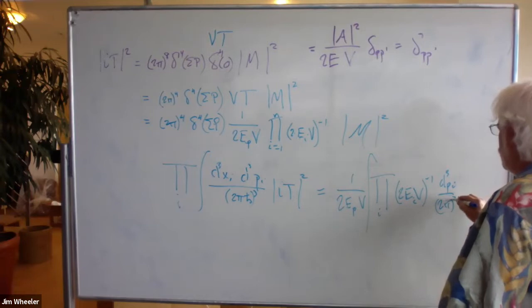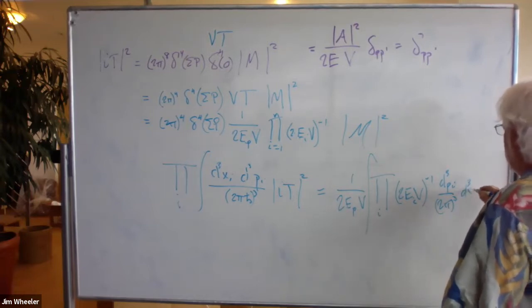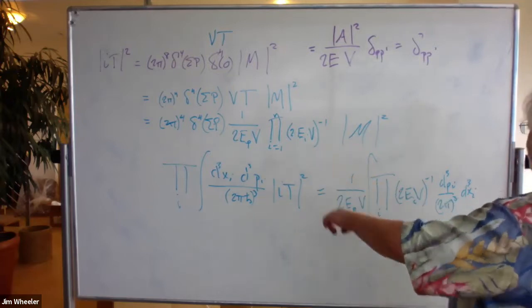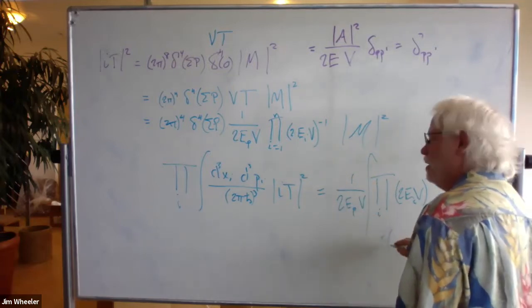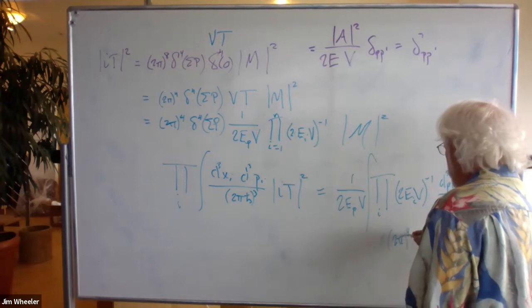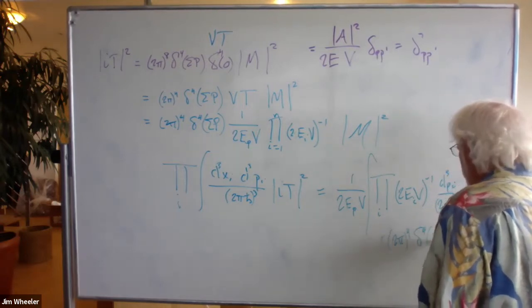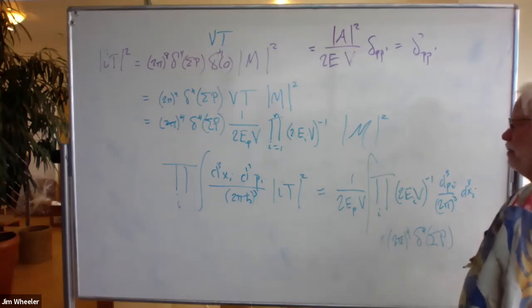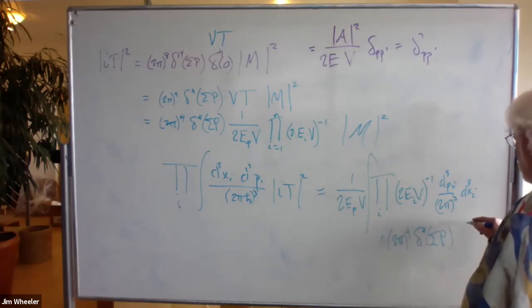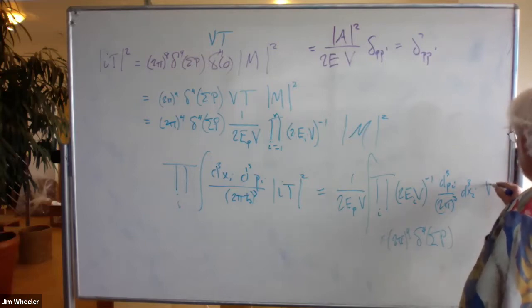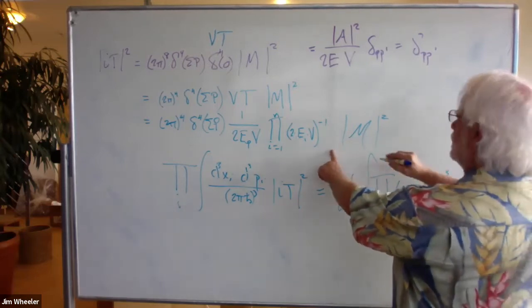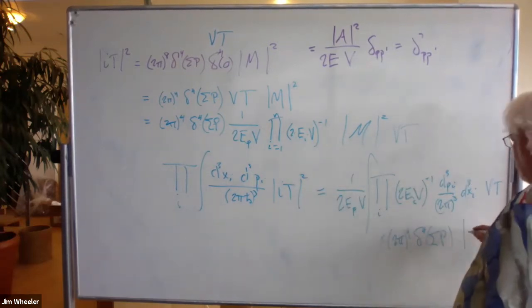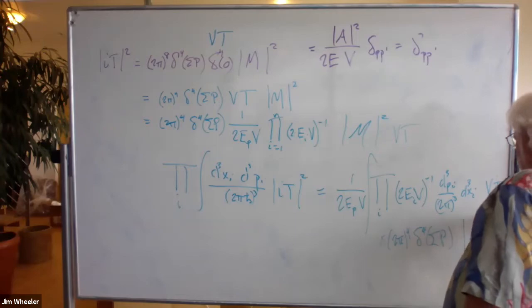I'm setting h bar to 1 here. Then the integral over the x's, and 2 pi to the 4th, delta 4 of the sum of the momenta, and the matrix element squared. Did I get that? There's a VT somewhere. I lost the VT. So put in a VT and we've got the matrix element squared.